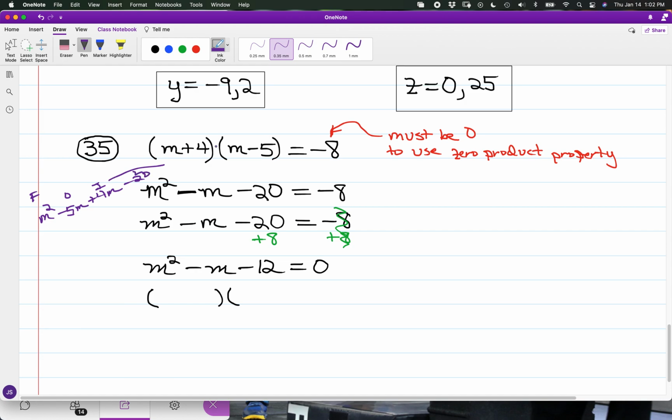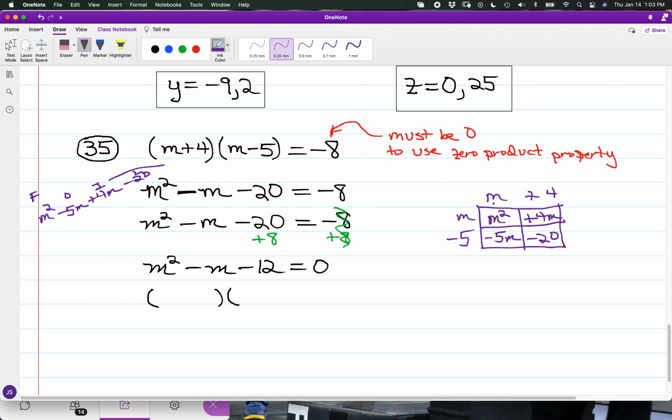It's kind of like with the geometric FOIL or the box method. And negative 5 times 4 is negative 20. So that's where that negative m came from. It came from taking the FOIL and combining the outside and the inside products. All right, okay, thank you. You're welcome.